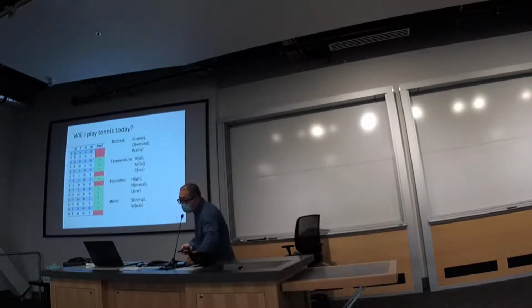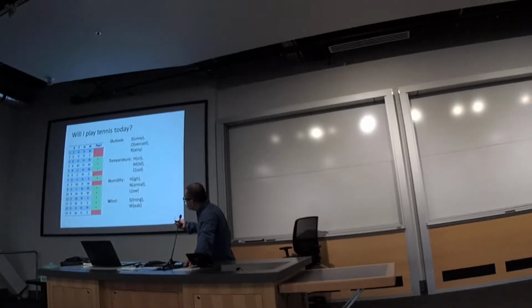So we have collected 14 examples in the past 2 weeks. You can see these numbers index the rows, and each row is one particular example. For brevity, we just use the capital of the first letter to indicate the feature name and feature value. For example, the very first row means that in the first example, the outlook is sunny, the temperature is hot, humidity is high, and wind is strong.